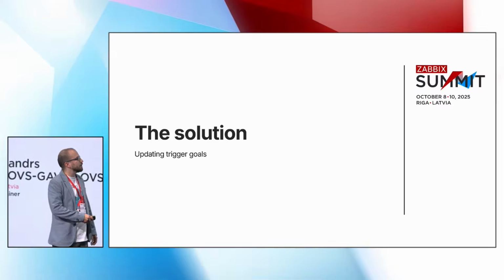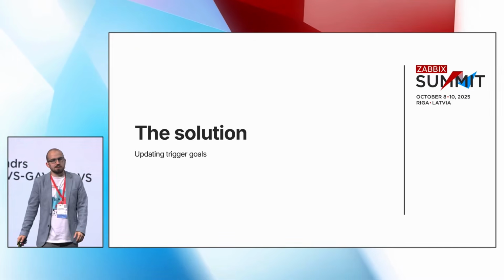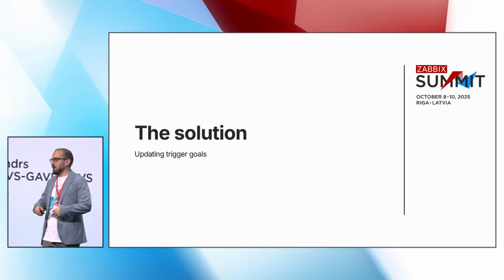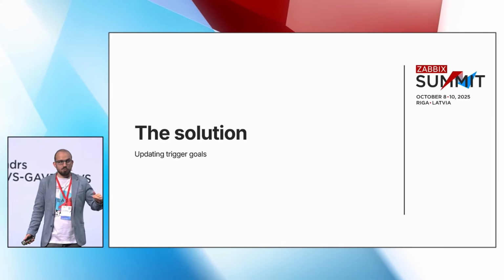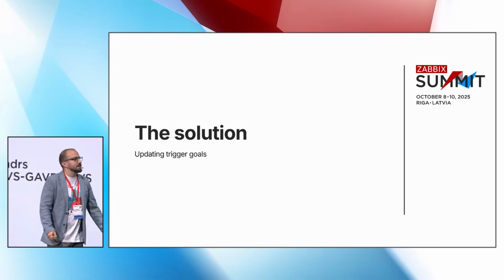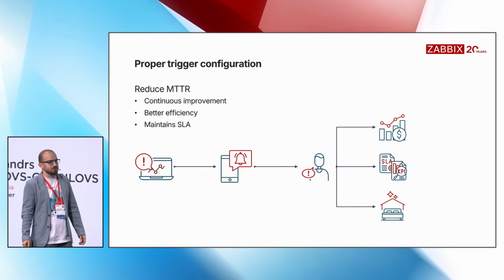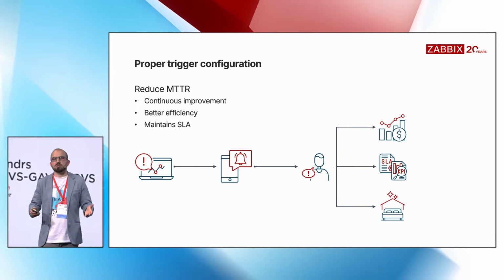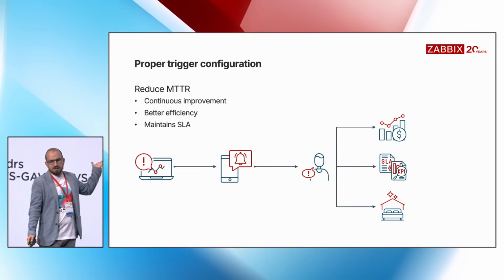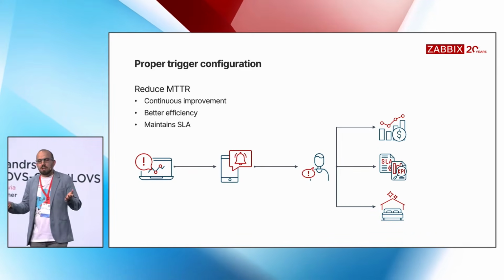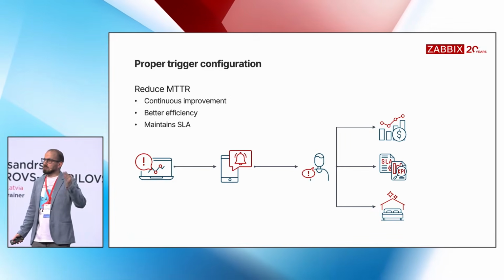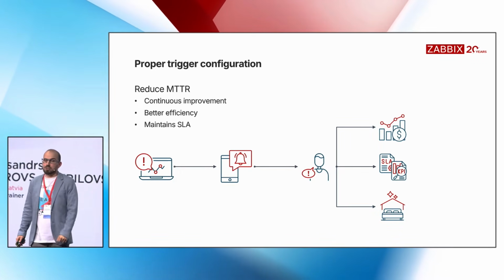So what can we do to make the life of our colleagues, especially first-level support, not senior engineers, simpler? Well, first of all, we need to understand that to reduce the time to resolve problems, or the MTTR as it is also called, we can continuously improve the configuration of our triggers.